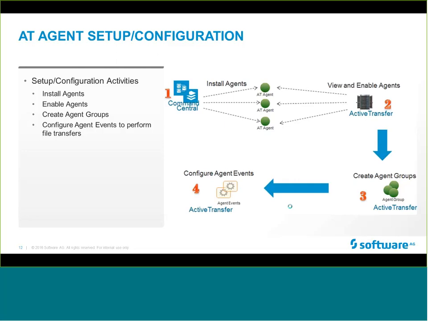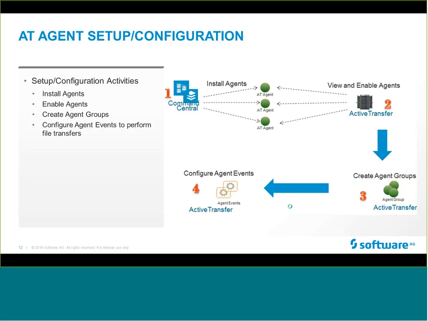That's when an agent group would be required. So typically, if you're adopting agents, you're going to have one or more remote locations to be managed through agents, and you can definitely leverage the agent groups concept. I'll touch on that shortly in the demo. And finally, you would configure the agent events to perform the file transfer.